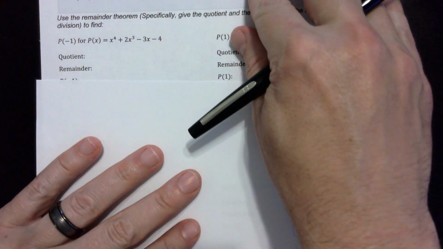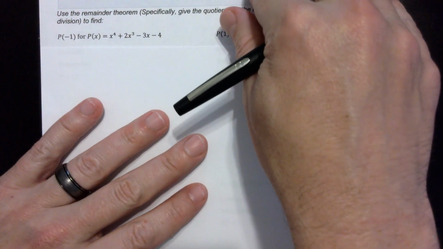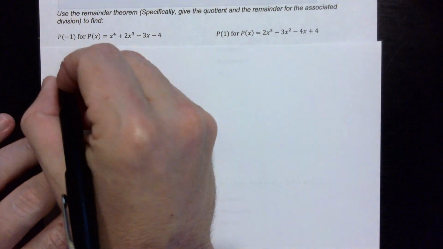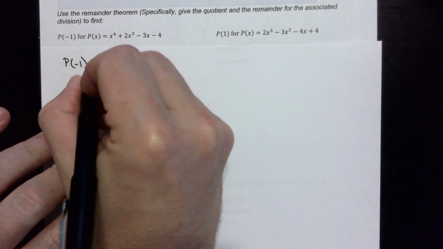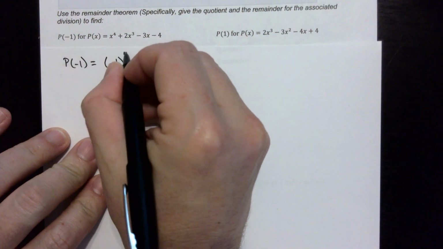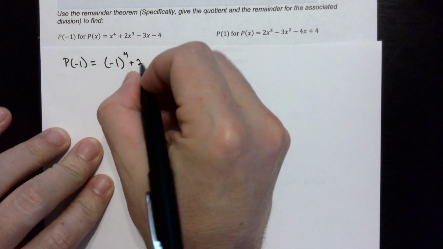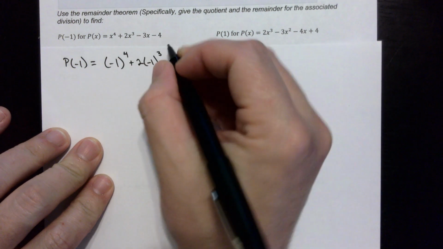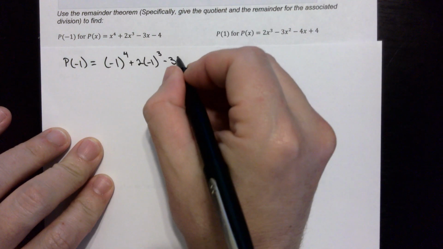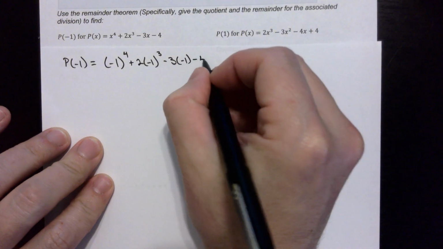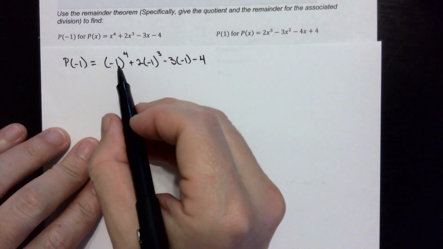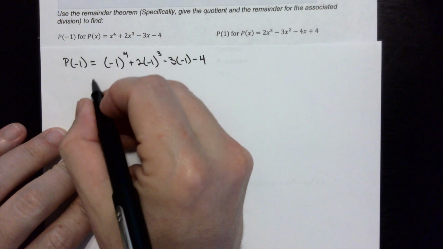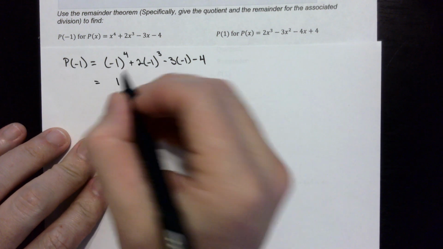We'll put the p of -1 into this function in place of x. So p of -1 equals -1 to the fourth plus 2 times -1 cubed minus 3 times -1 minus 4. Let's see what we get as an answer. If you raise -1 to the fourth power, you get +1.